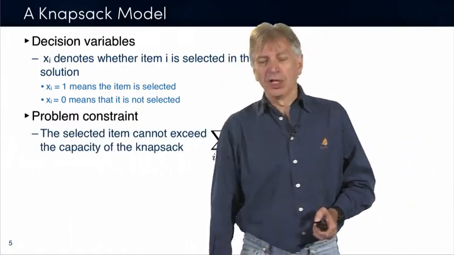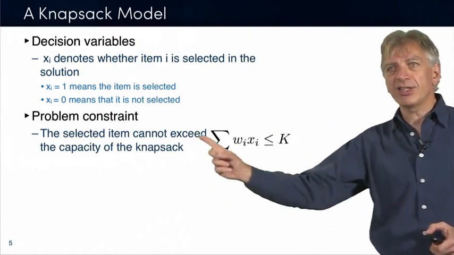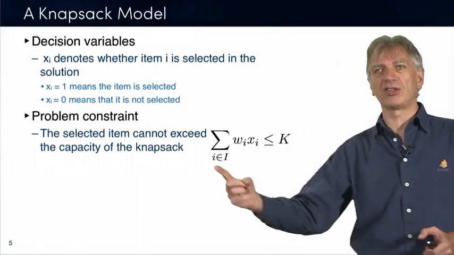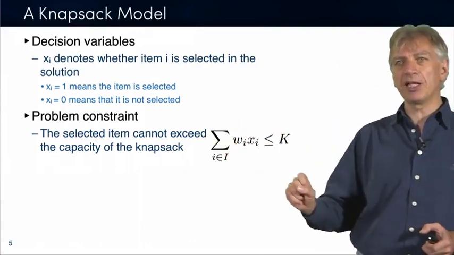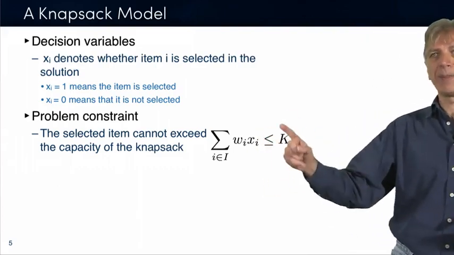So the problem constraints have to be expressed now in terms of these decision variables, and this is the only feasibility constraint that you have in this particular problem. What does it say? It makes sure that the items that you select, the ones with xi equal to 1, don't exceed the capacity of the knapsack.